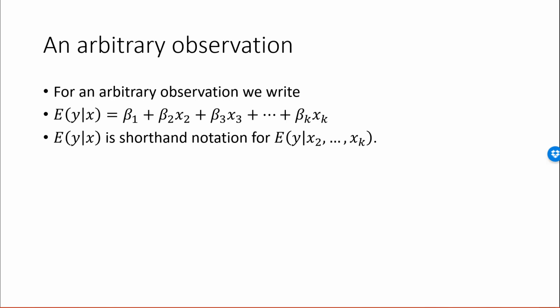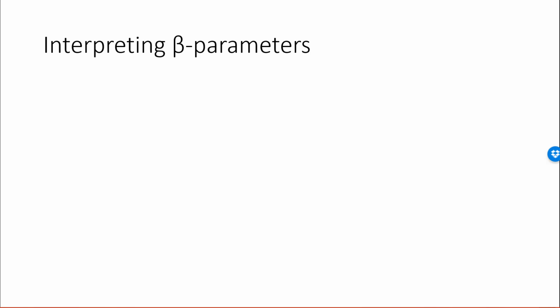This specific notation allows us to really formally interpret what these beta parameters actually are. And they are derivatives of this left-hand side expression. Well, except the intercept, of course. So the intercept beta 1, we can view that as the expected value of y when all the x variables are 0.